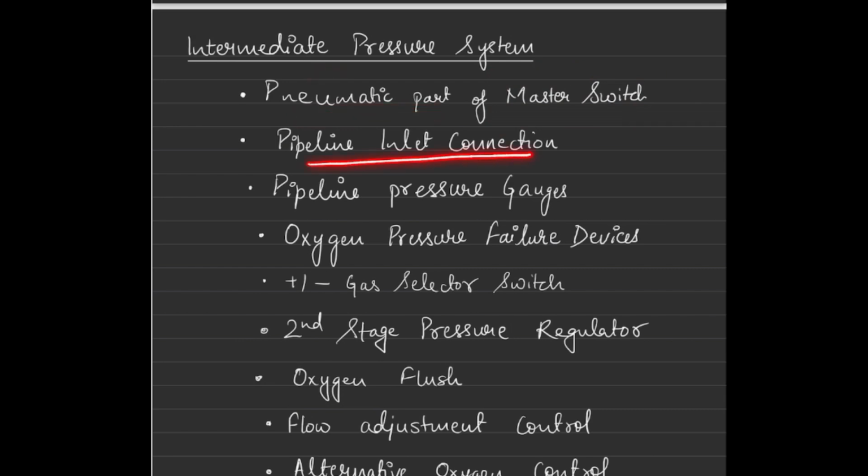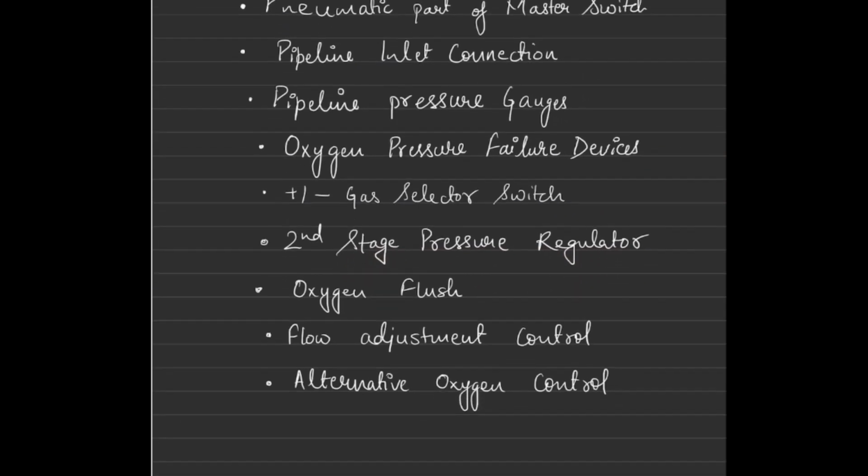Then we have the pipeline inlet connection, pipeline pressure gauges, and oxygen pressure failure devices, a safety feature. Then, in newer machines, we have a gas selector switch, which selects between air or nitrous oxide. Then we have the second stage pressure regulator. Oxygen flush comes in the intermediate pressure system.